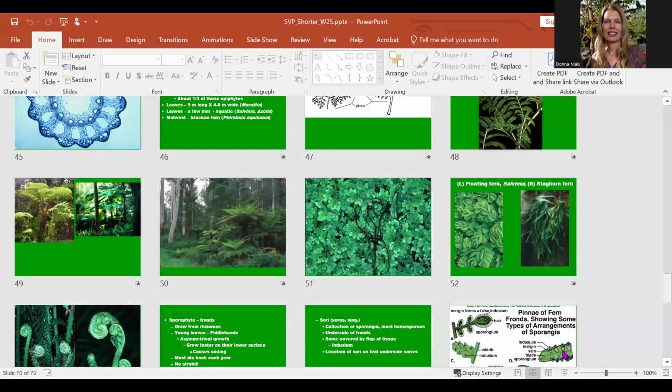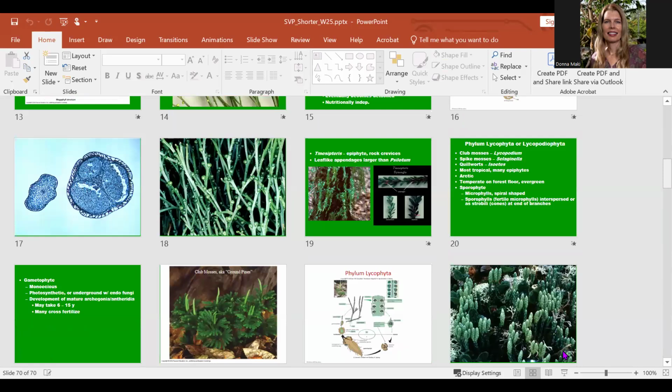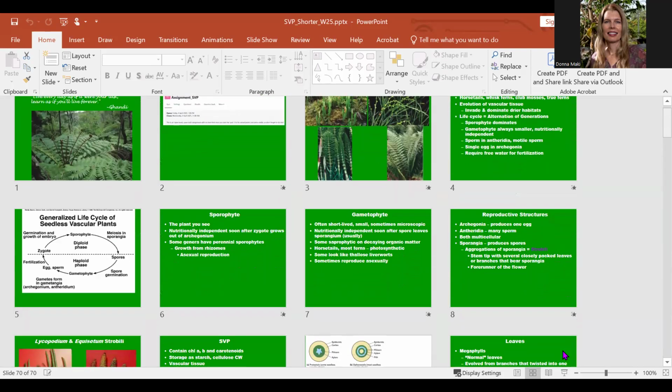With the seedless vascular plants life cycle, it's just the generalized alternation of generations. Remember, the sporophyte is dominant now, moving forward from the seedless vascular all the way through to angiosperms.